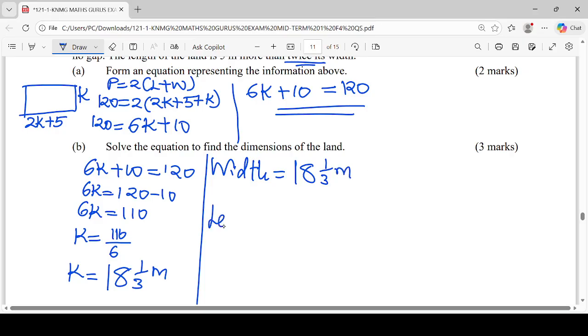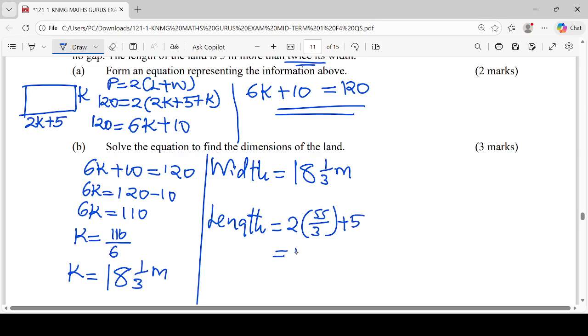Then the length of this land is 2K plus 5, so that will be 2 into 18 and a third, which can be written as 55 over 3, plus 5.